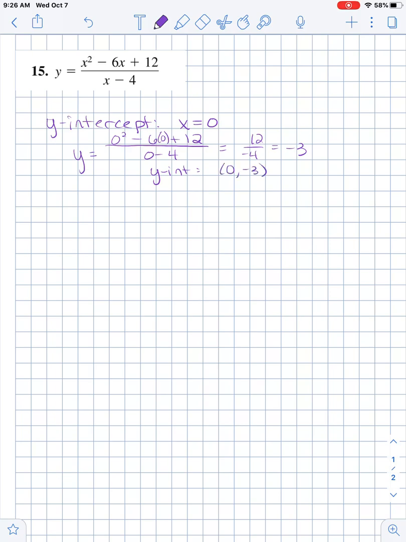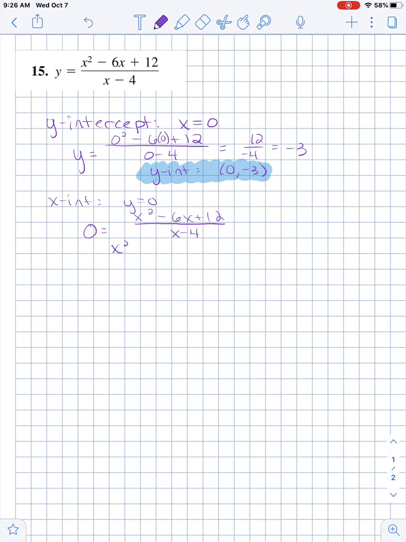Good to know. For the x-intercepts, we need to look at when y is equal to 0. In order to make a fraction equal to 0, the numerator must equal 0.